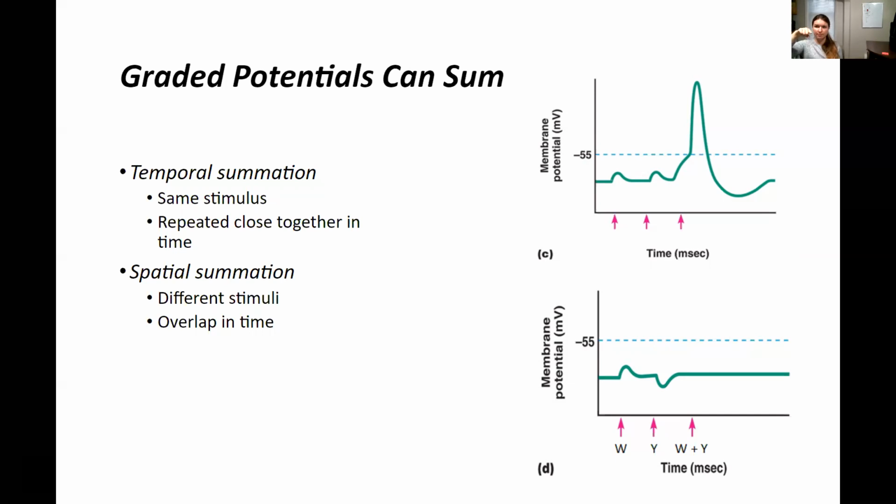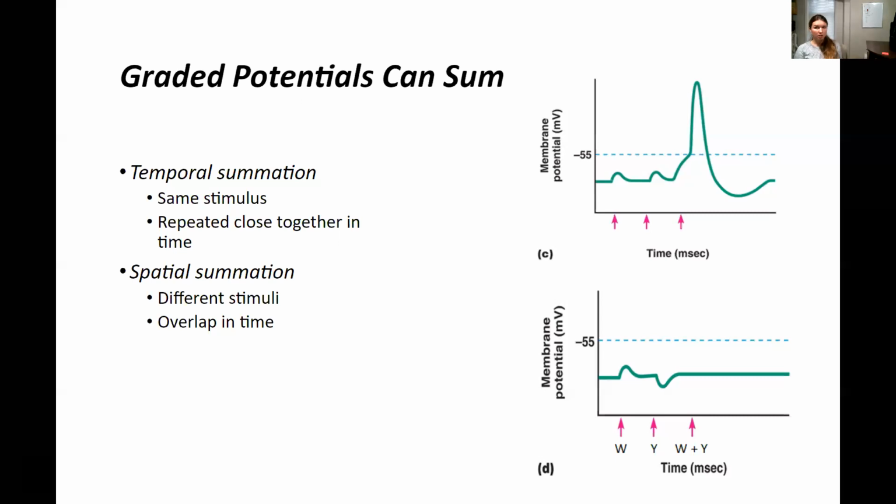So over time, if we receive the same stimulus close in time, repeated over and over, quick in a row, that change to the membrane potential is going to get added up because it's not going to have time to dissipate before we get another stimulus and do it again, basically.